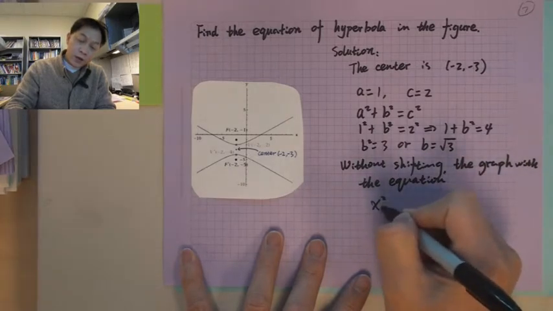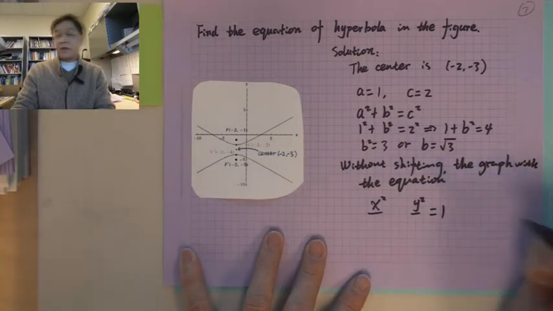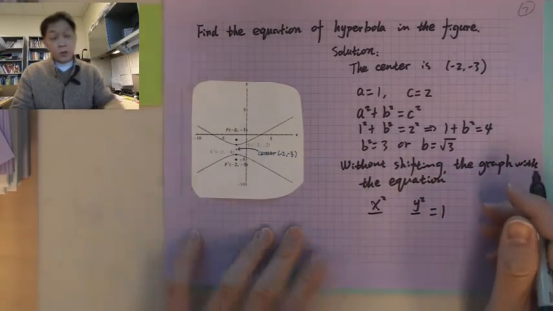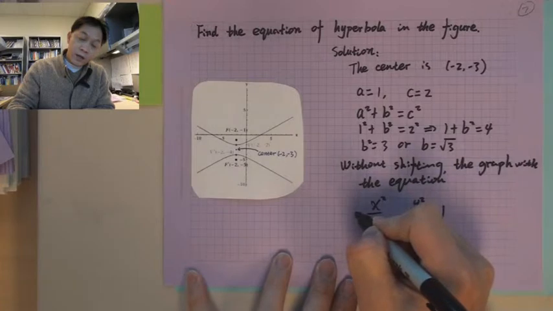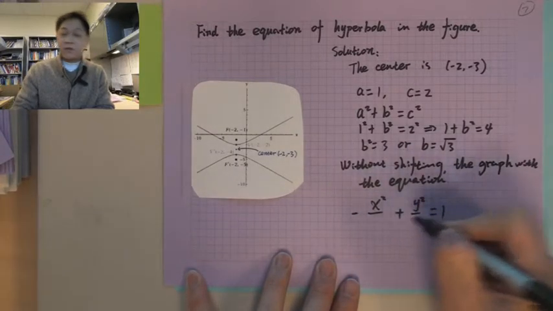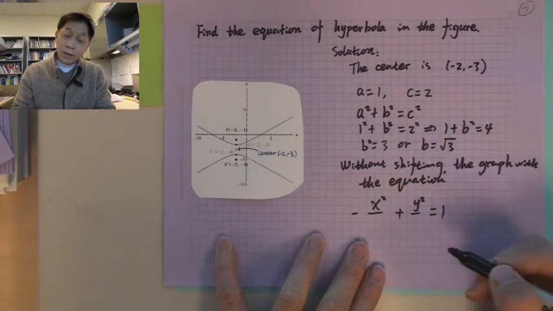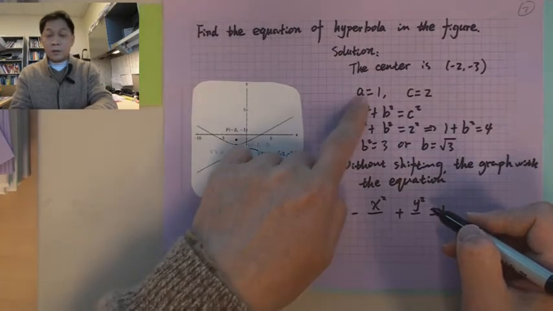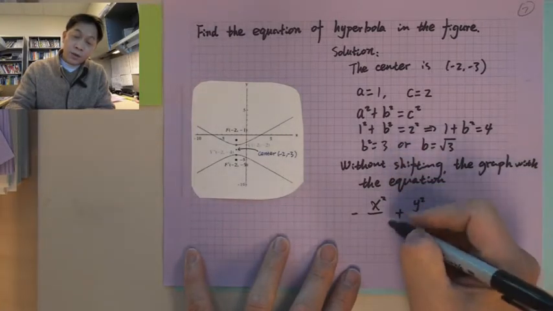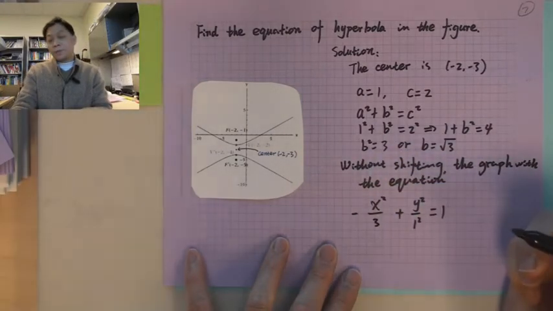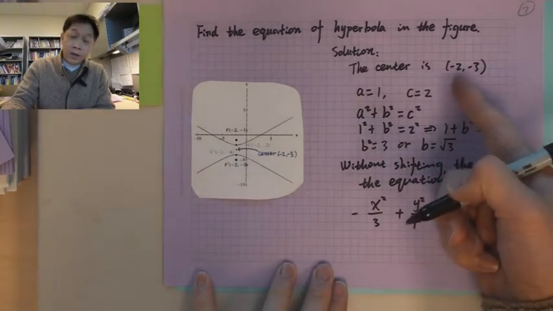Well, x squared over something, y squared over something equals 1, that's for sure. In this case, the two branches are in the vertical direction, so the negative sign is in front of x squared, and here is a positive sign. Whichever is positive is A, so 1 squared goes here, and 3 is B squared, so 3 goes here. This is the picture without shifting. Now the center is right here.